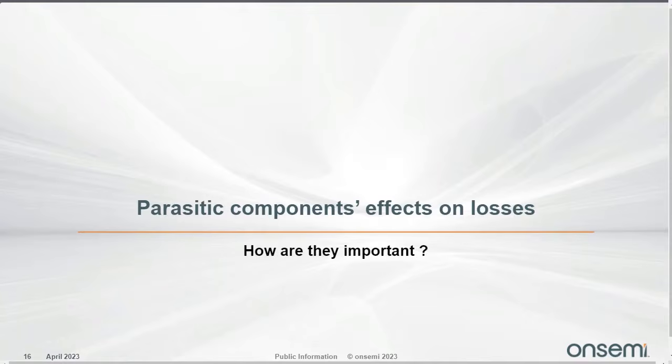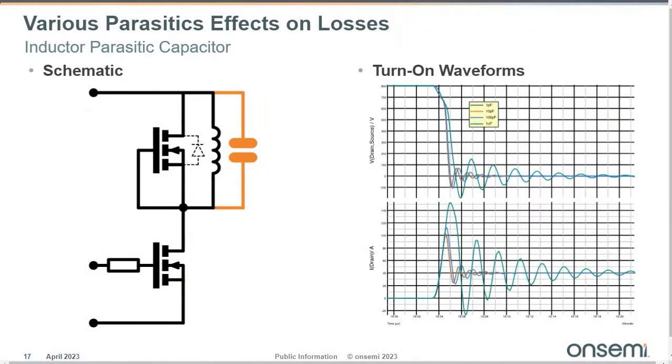So why include the parasitic component effect on losses, and is it really important? Here you see a double pulse tester, and for the inductor we use in our lab a very pure inductor. But in practice you cannot buy a very pure inductor, and you will have to accommodate a real inductor that will have a parasitic capacitor and a parasitic ESR also.